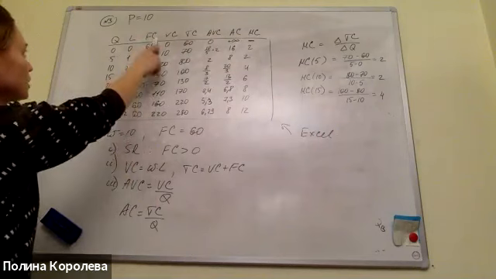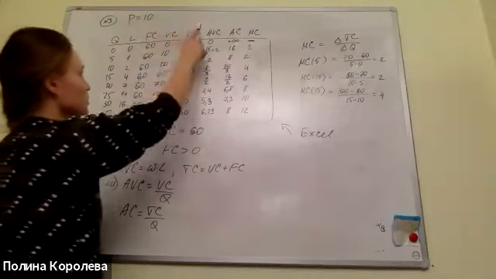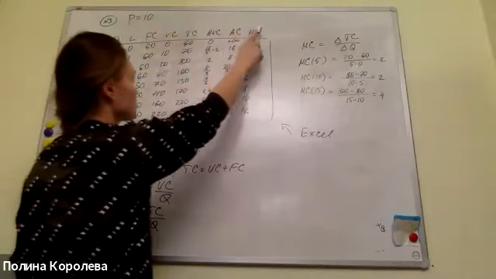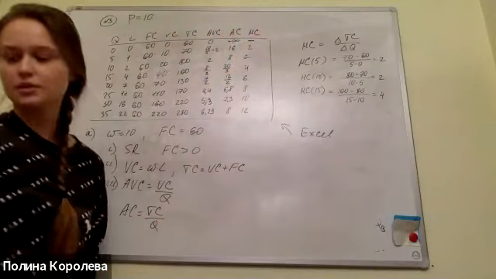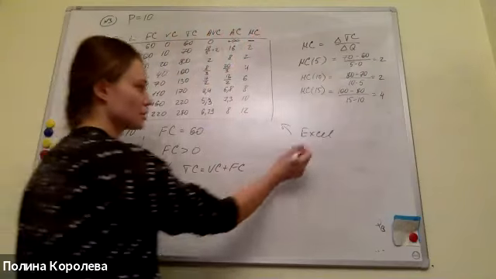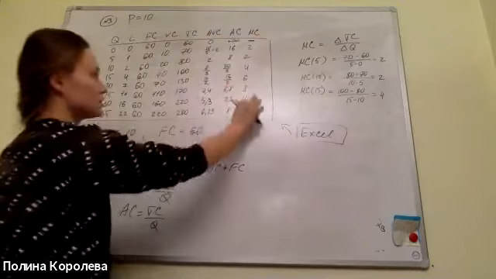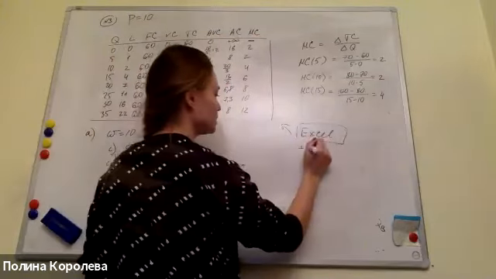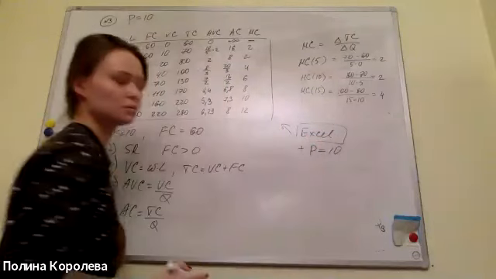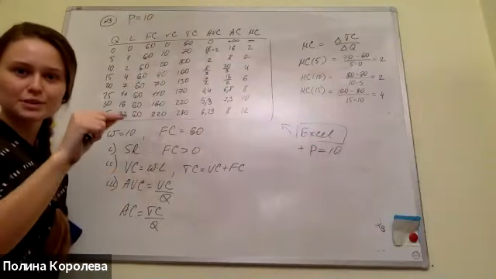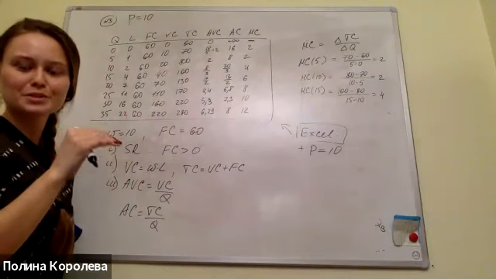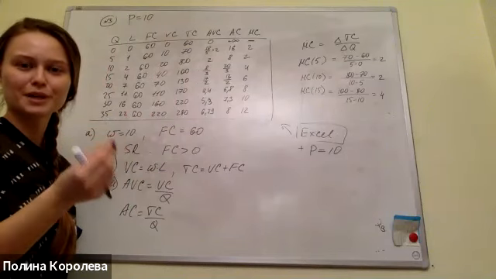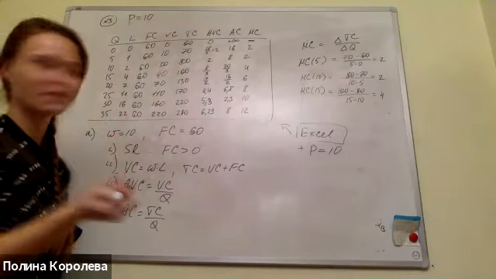Draw the graphs of fixed, variable, total, average variable, average cost, marginal cost, as in the task. Try to construct in Excel by yourself with these numbers, and also the price. Plus the price equals 10 always. And you will see where price will intersect marginal costs and where we will have maximal profit.